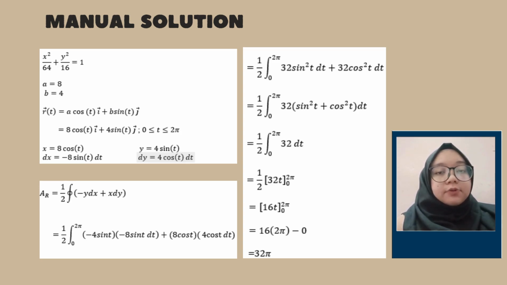After we got the values of a and b, we substitute both of them into the position vector equations, and we got x and y, and we differentiate both of them. Last but not least, we use the third form of the area of the shaded region in Green's theorem, and we integrate, and finally we got the final value, which is 32 pi.